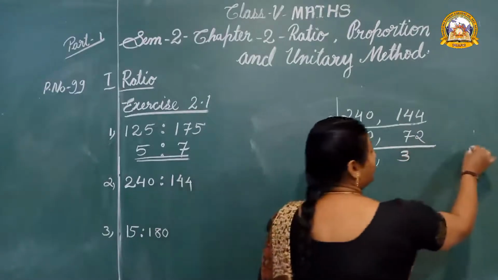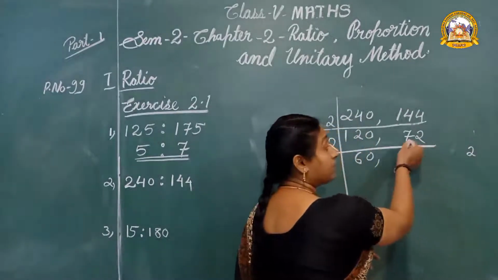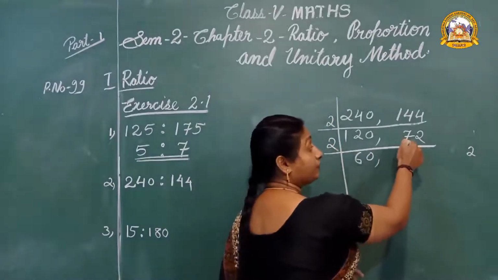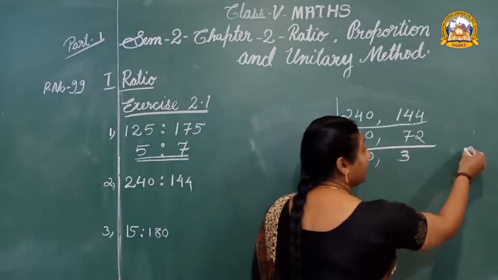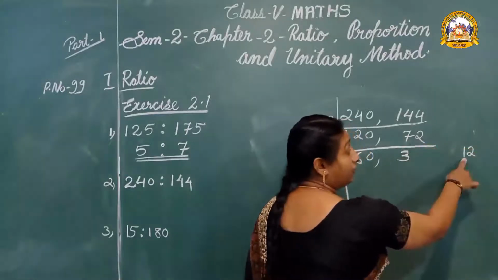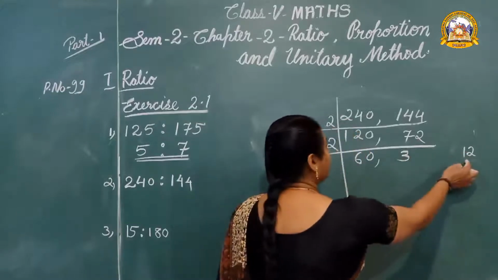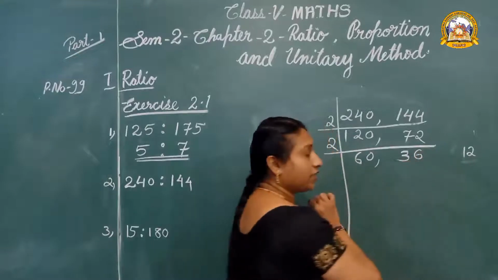Let us subtract the 6 from 7. What is the remainder? 1. 7 minus 6 is 1. When we put the 1 behind this 2, what is the 12? 12 divided by 2, 6. 6 2s are 12, no?